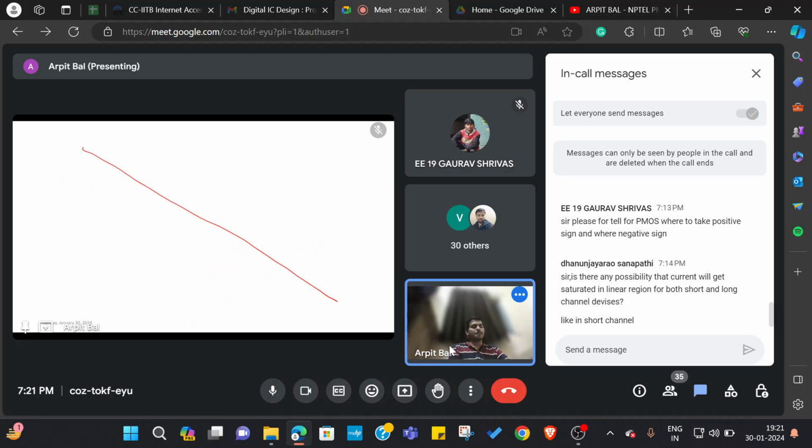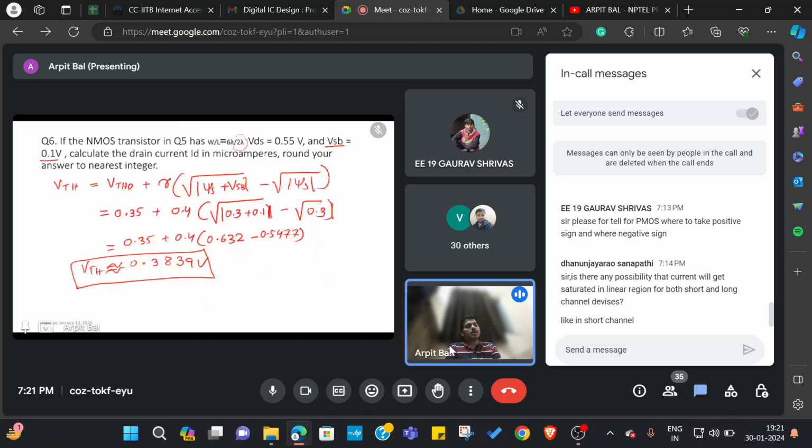In the next question, we saw another example where 2 lambda is given. As we mentioned, if it is in the range of less than 10 lambda, then we should go for short channel effect, else we can simply ignore it.